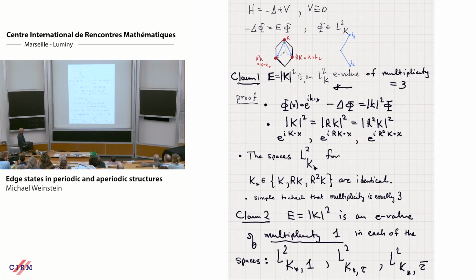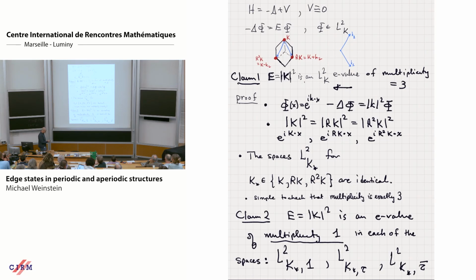Now the second claim: you have a triple eigenvalue, but that's not how you want to look at it. What you want to do is take appropriate linear combinations of these, three different linear combinations, one here, one here, and one there. Those linear combinations are simple eigenvalues in these respective spaces.